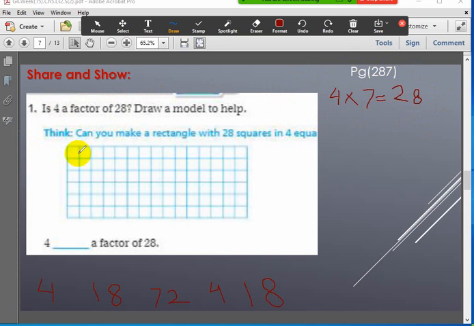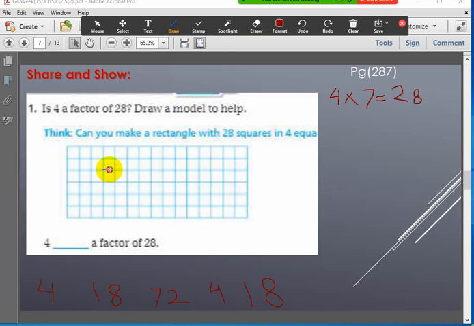But if you want to know from the model, as we learned yesterday, you have to divide 28 into 4 rows. Let's see if I can divide it into 4 lines or 4 rows like this evenly.